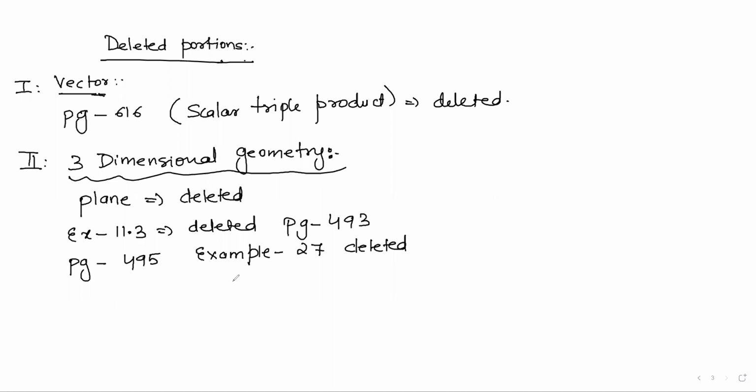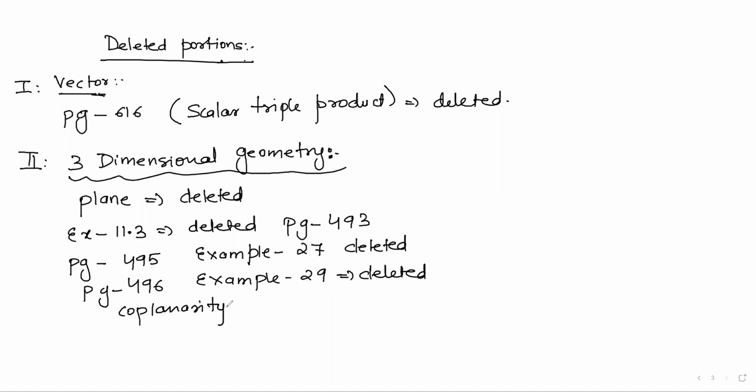After this, we have example 29, on page 496. Delete this, it is based on the same topic, plane. Then you have this topic, coplanarity of two lines. It was given in the supplementary part. Delete this.